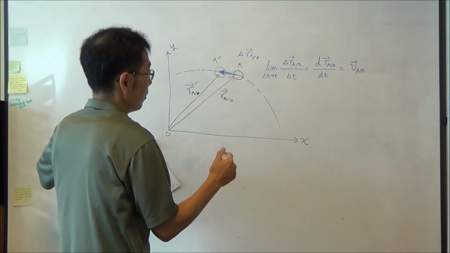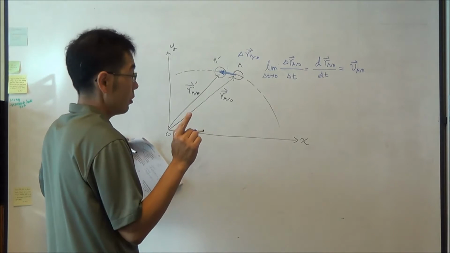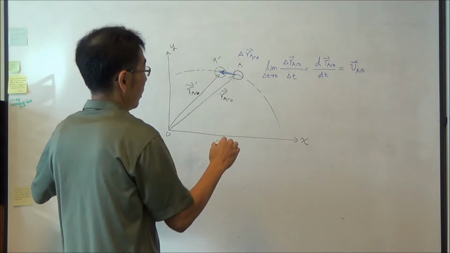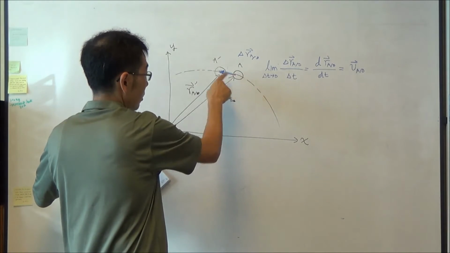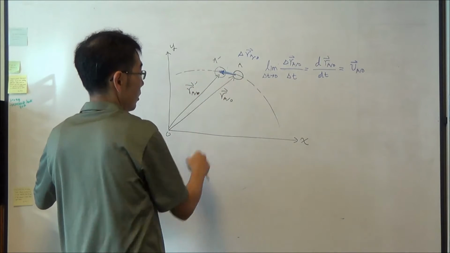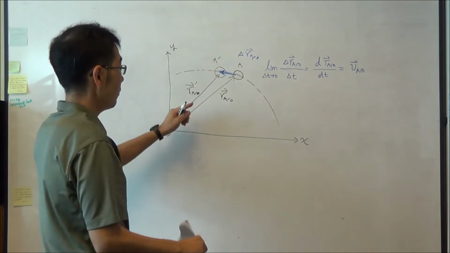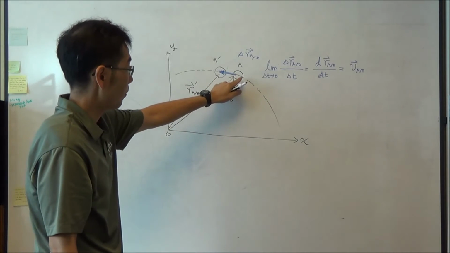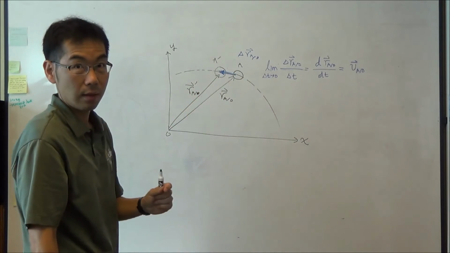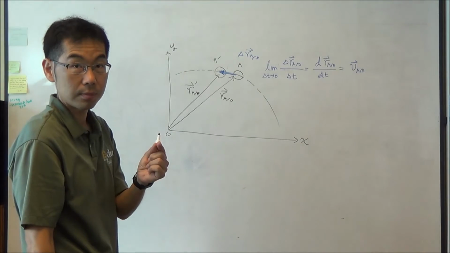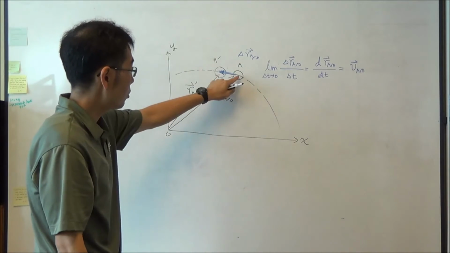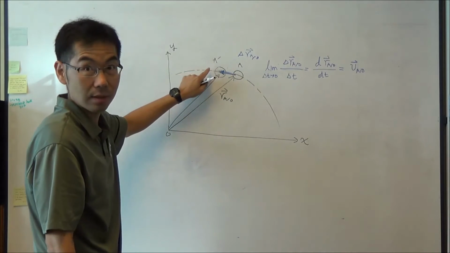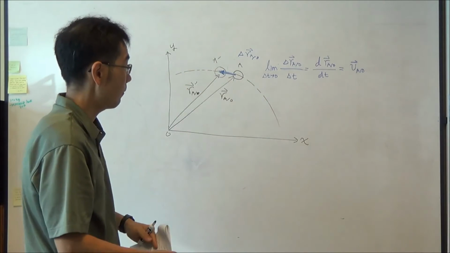But I just want you to think about the direction of the velocity. So the direction of the velocity, as you see here. If A prime has moved a little bit after a very short period of time, then the direction of the velocity must be tangent to the curved path, right?